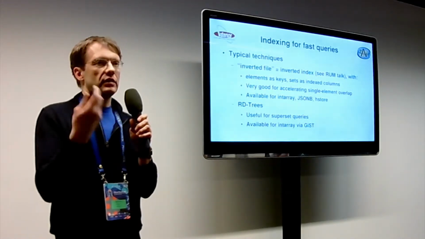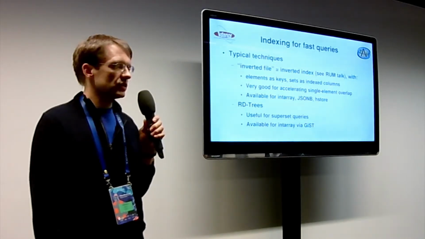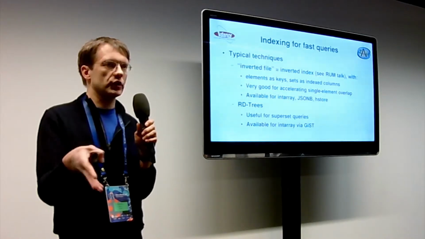And so this inverted file, inverted index technique is good for so-called point queries where you want to find a single set element. And it's also quite widely available in Postgres, as we see, for these intarray, JSON-B, HStore data types.